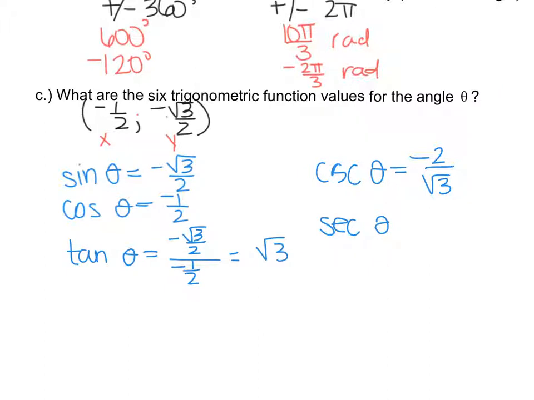Secant of theta is going to be negative 2. And cotangent of theta is going to be 1 over square root 3. And again, you could rationalize the denominator for cosecant and cotangent if you would like. It's the same way as we did in the first example.